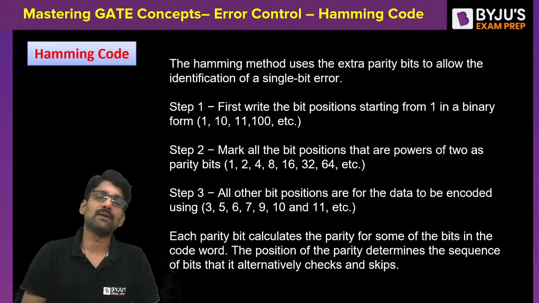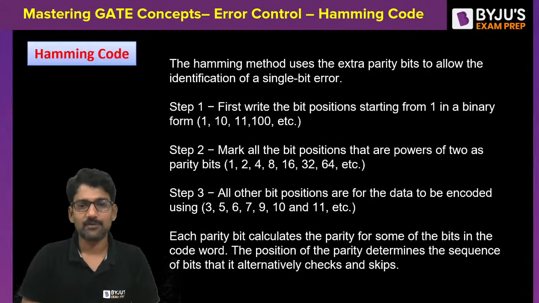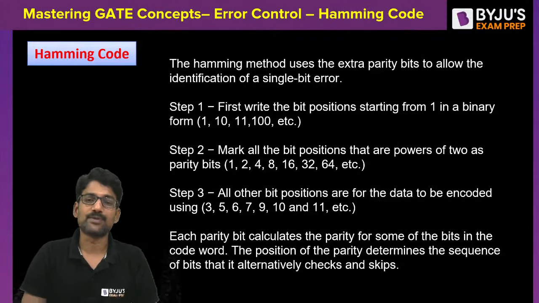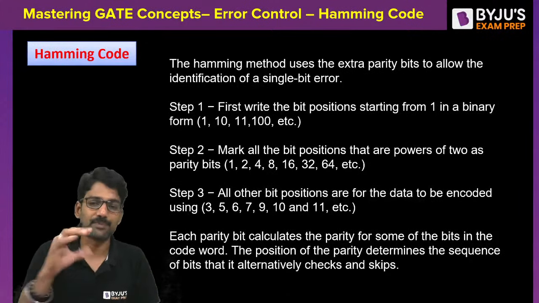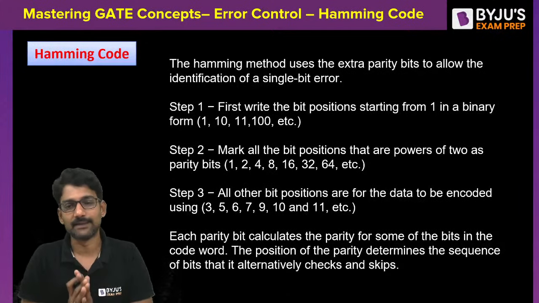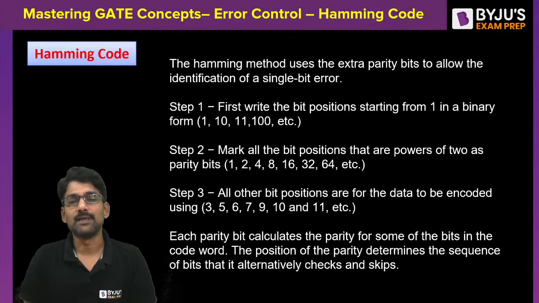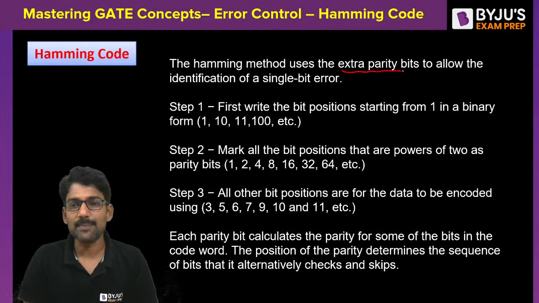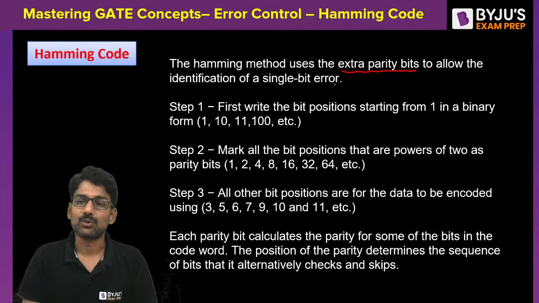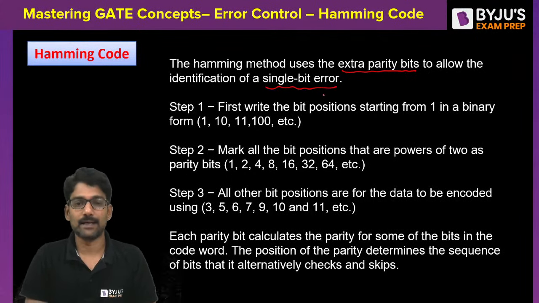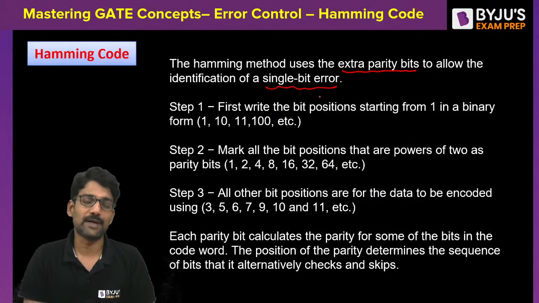Now, how is this Hamming method applied? Firstly, let us see how you get this Hamming code procedure in textbooks or web sources. The Hamming method uses extra parity bits to allow identification of a single bit error. So how do you find it?